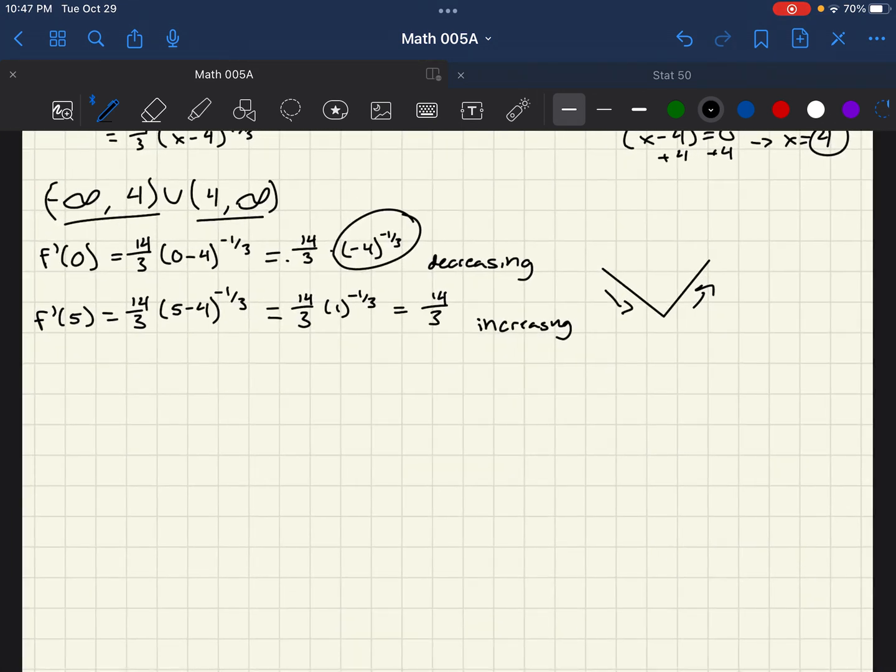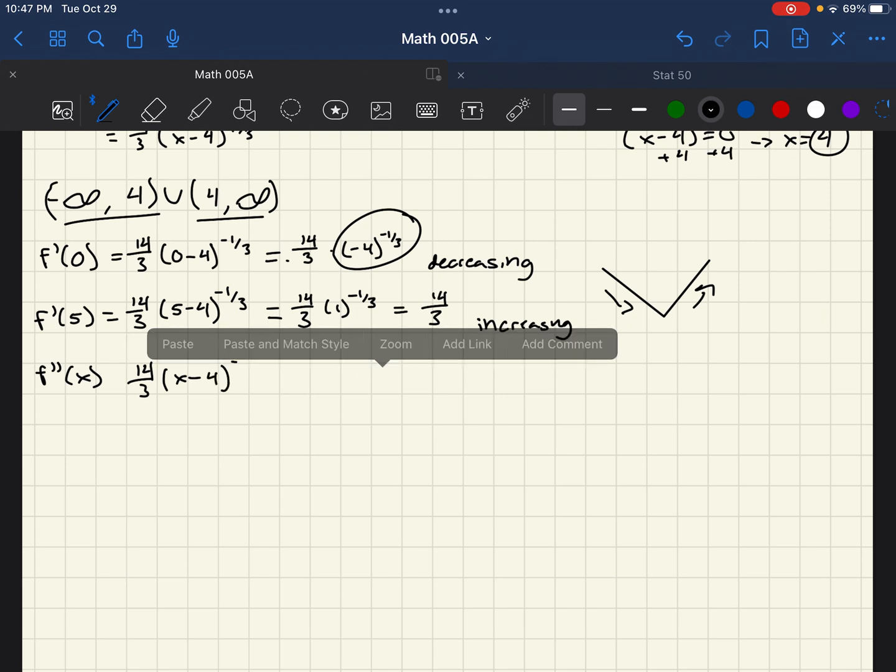Now we need to determine the concavity, whether it's concave up or concave down. To do this, we need to find the second derivative, f double prime of x. Starting with 14 over 3 times (x minus 4) to the negative 1/3.